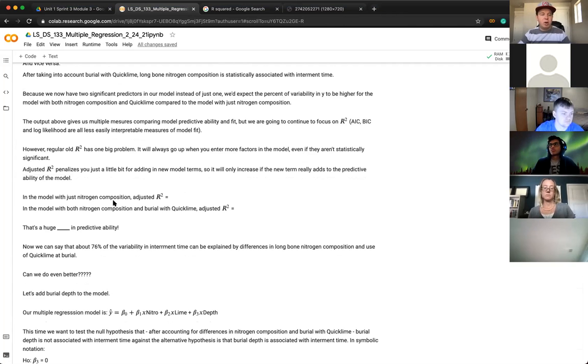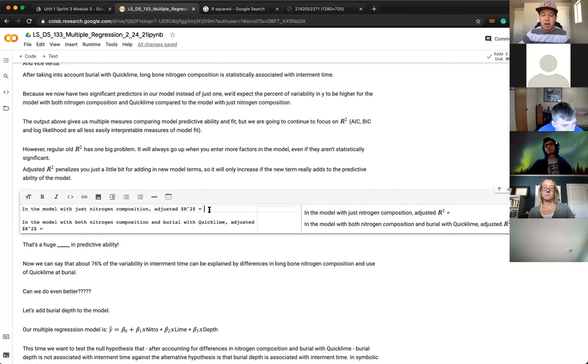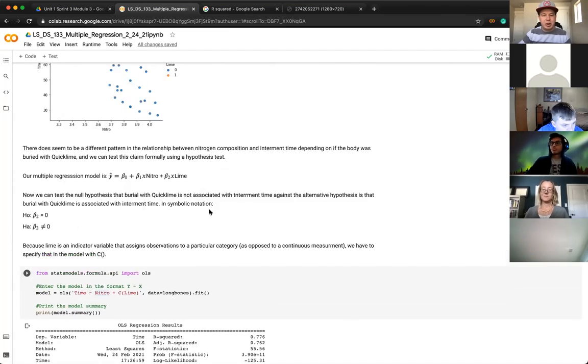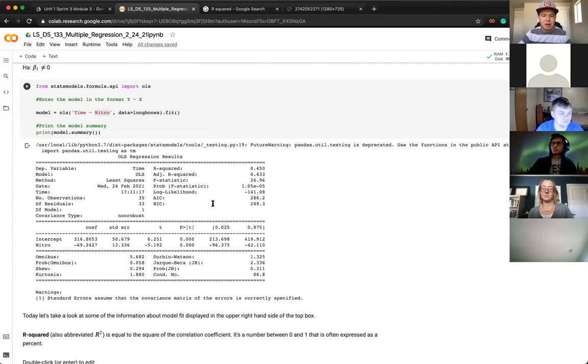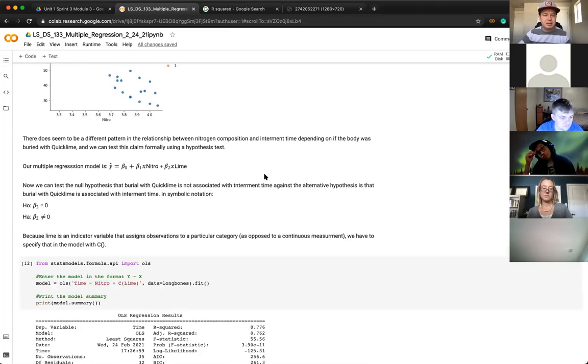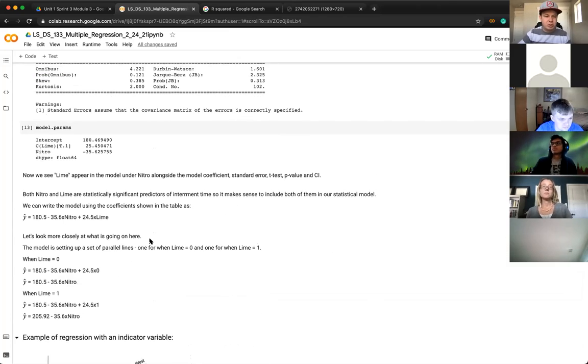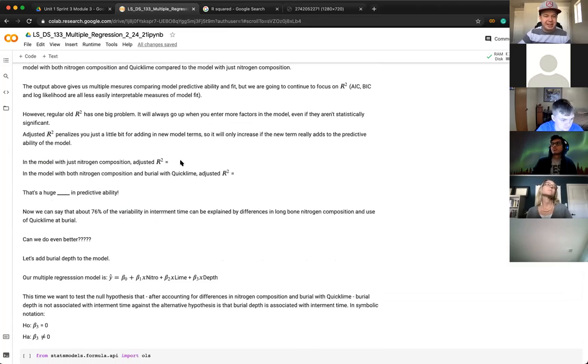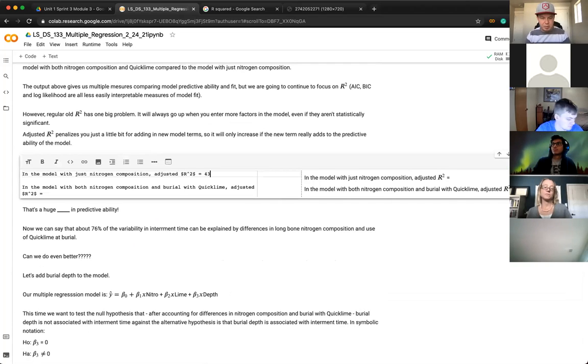In the model with just nitrogen composition, what was the adjusted R squared? So scroll way up to our other model summary. Well, it was 43.3%. We'll say that this is 43.3%.